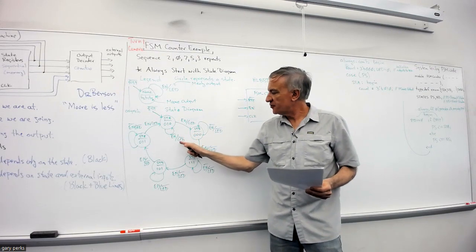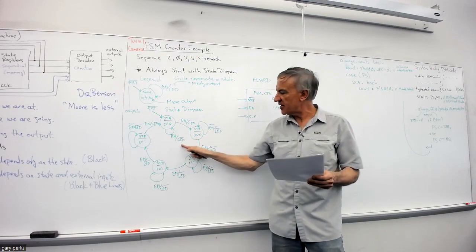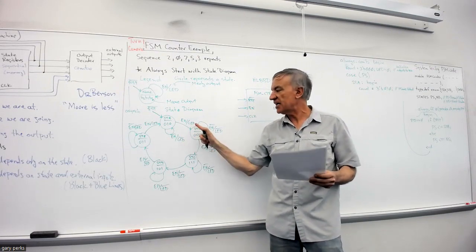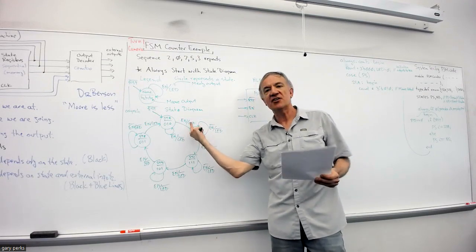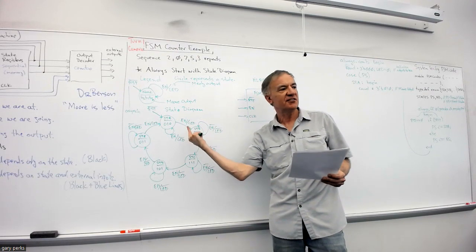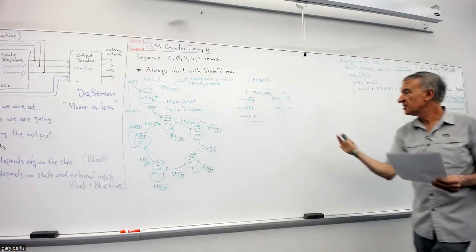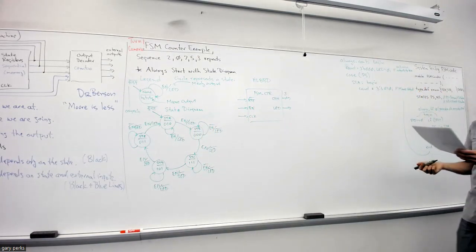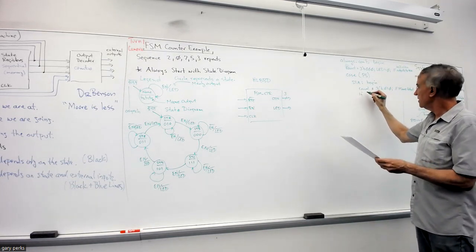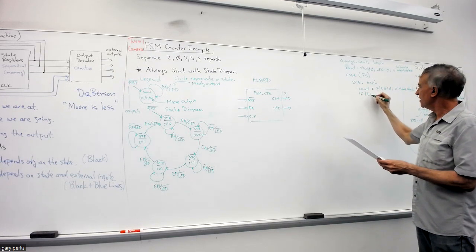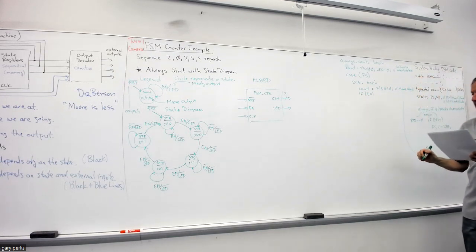In this if statement is also where I'm going to have my Mealy output, because the Mealy output depends not only on the state I'm in, but also on this external signal, enable. So after the Moore output comes an if statement, and it depends on enable.